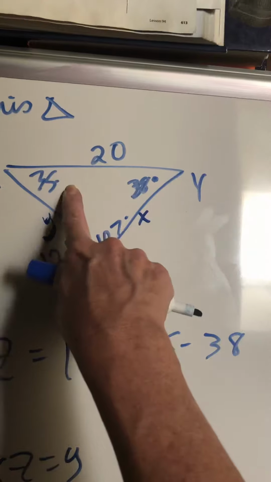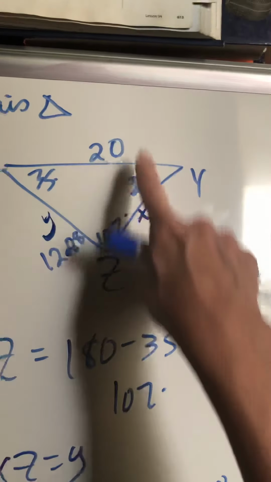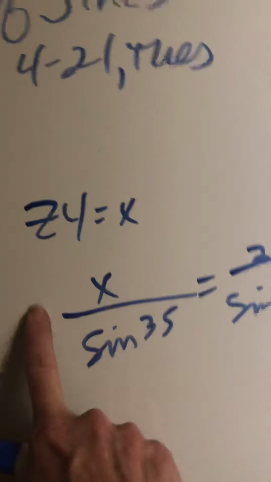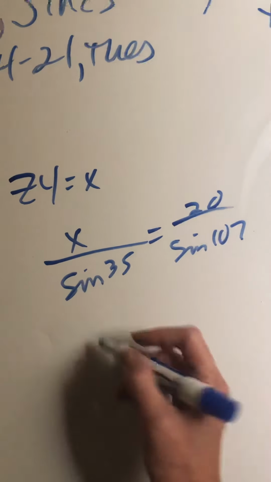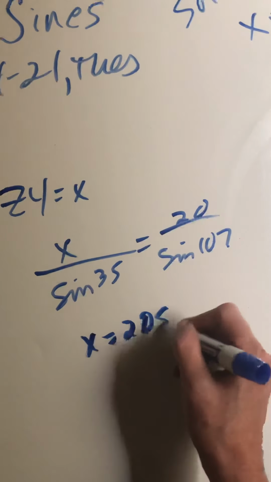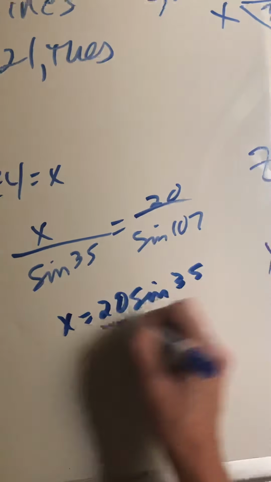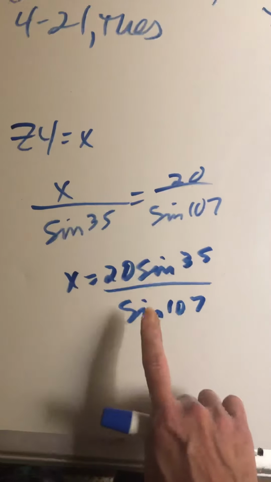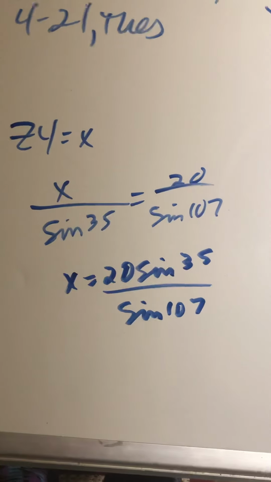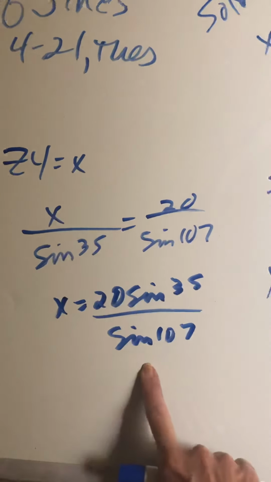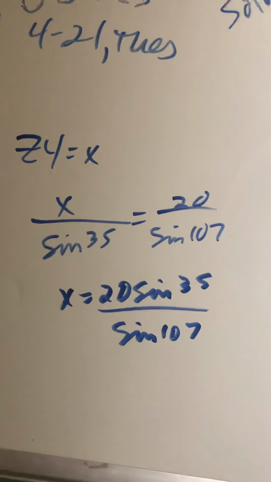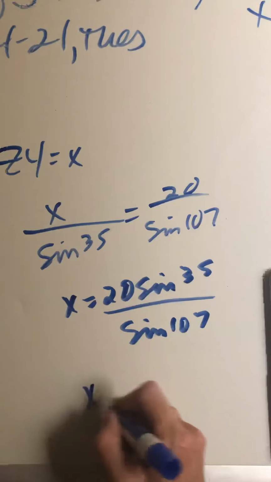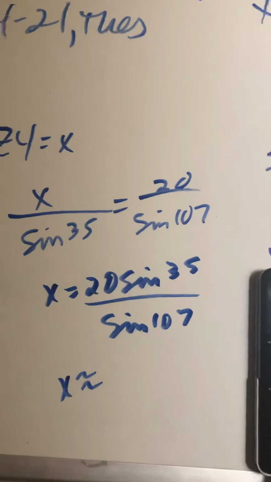So X over sine 35 equals 20 over sine 107. There's one move that needs to be made. Make sure you show this step. Show the original equation, so how you're going to solve it. This is actually the exact answer. And then type it on your calculator to find the approximation.